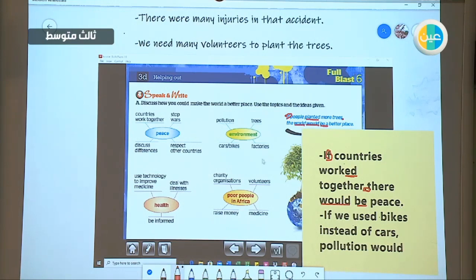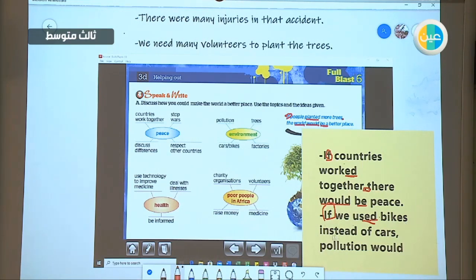Let's move to the following idea. If we have, for example, environment, we have pollution, we have trees, cars and bikes, factories. How can we form a sentence here? Let's say, for example, if we used, past tense, bikes instead of cars.